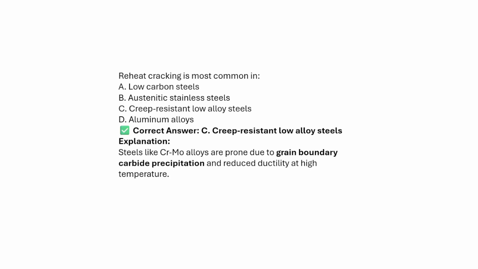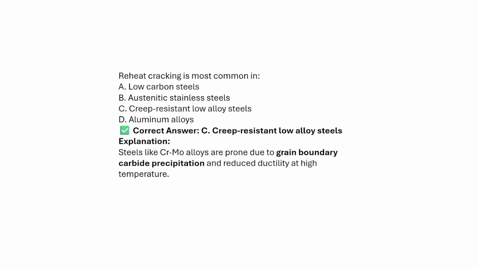Okay. Next, reheat cracking is most common in: low carbon steels, austenitic stainless steels, creep resistant low alloy steel, and aluminum alloy. The answer will not be low carbon steel, we will not see it there because there are no carbide forming elements.